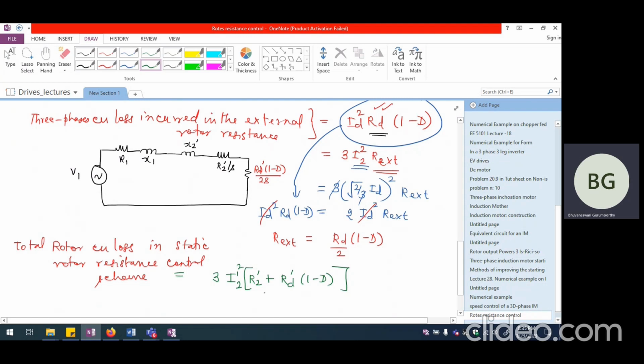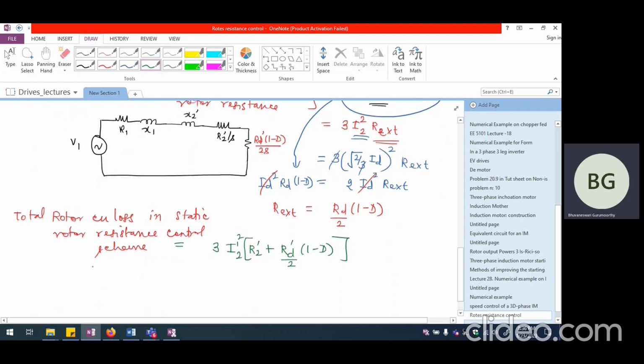So this is going to be essentially the total amount of loss that is incurred by all the 3 phases of the rotor circuit plus external resistance. So that is going to be 3I2 dash square multiplied by R2 dash plus RD dash divided by 2 multiplied by 1 minus D.